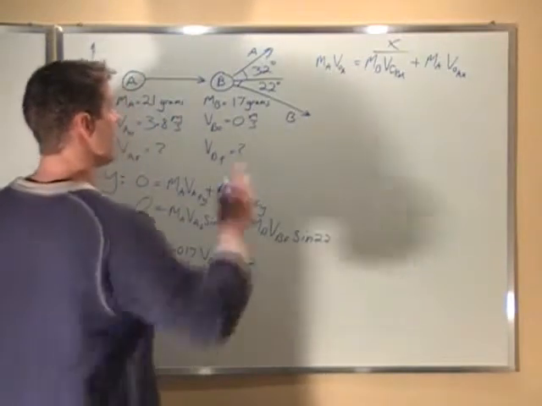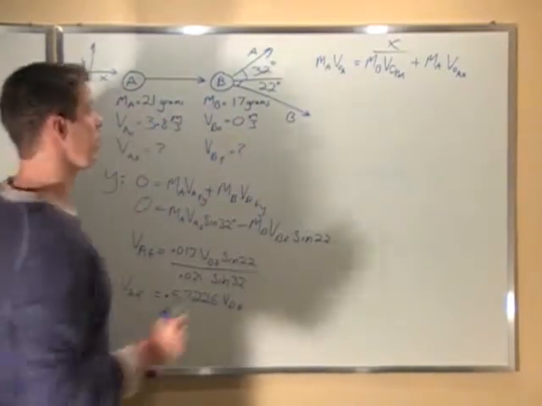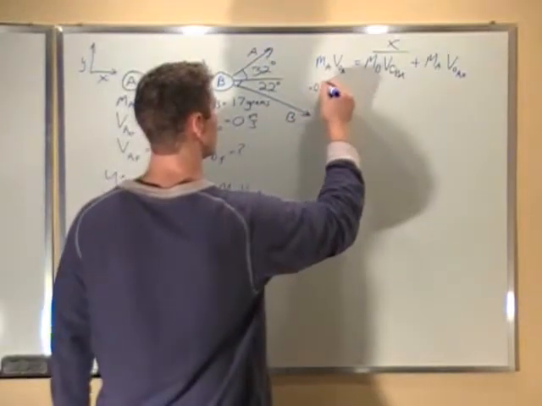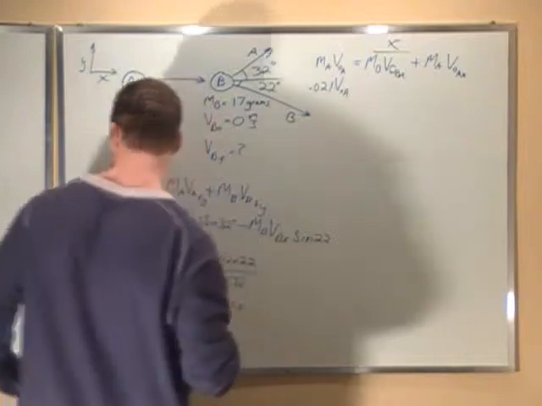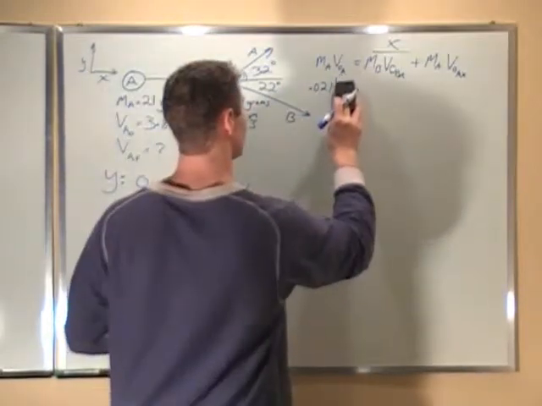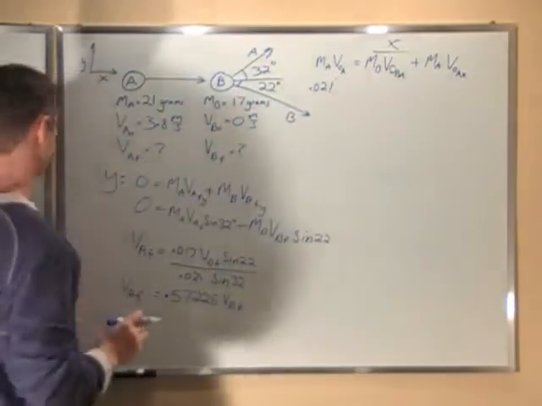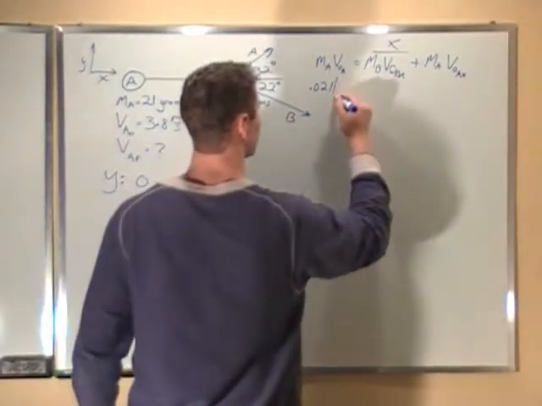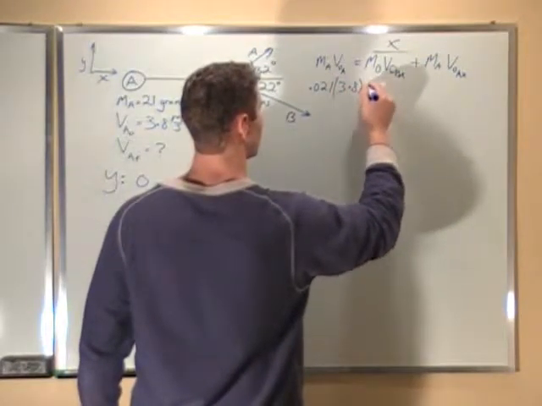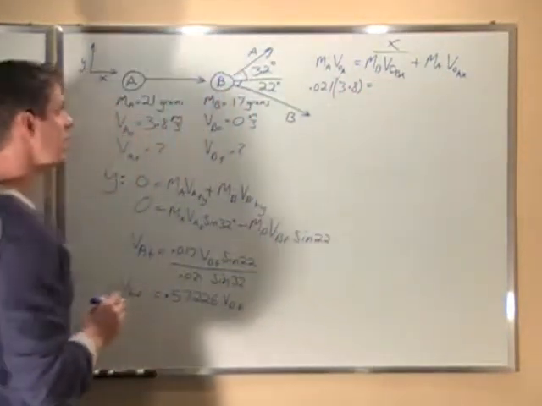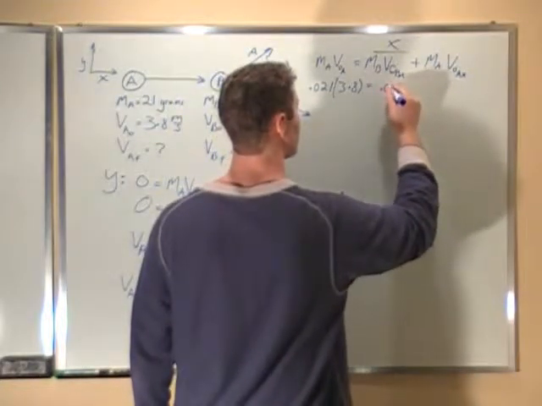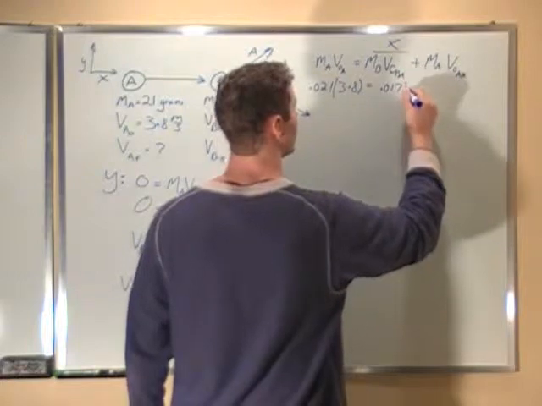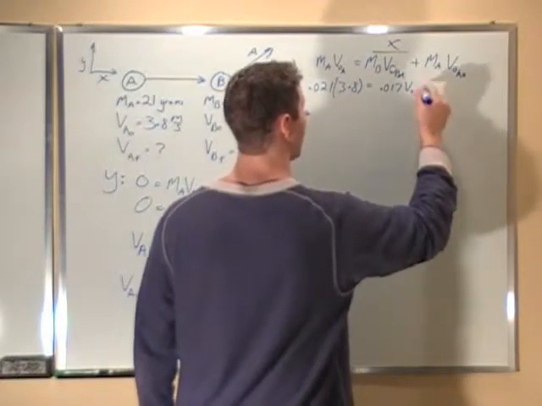So we have mass of A, which is 21 grams again, 0.021 kilograms, V naught A. Oh, V naught A we know, so we'll plug that in too, which is 3.8 meters per second, equals mass of B, which is 17 grams, 0.017 kilograms, times V naught Bx.